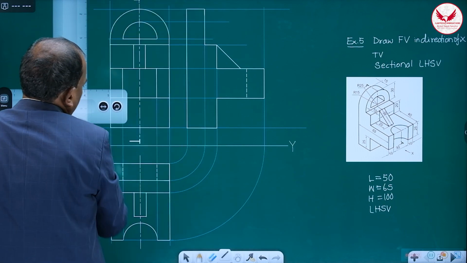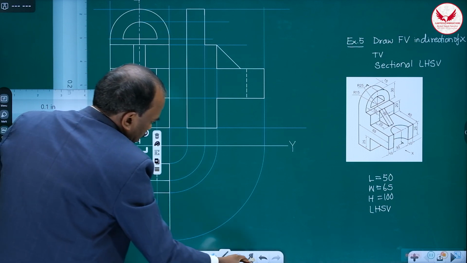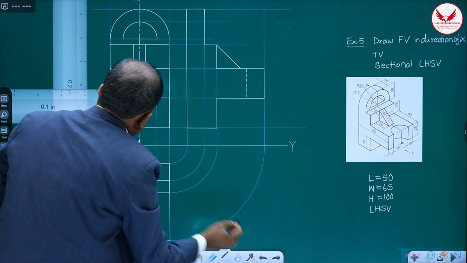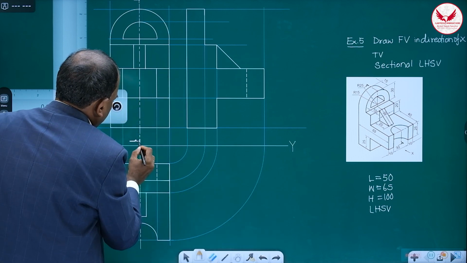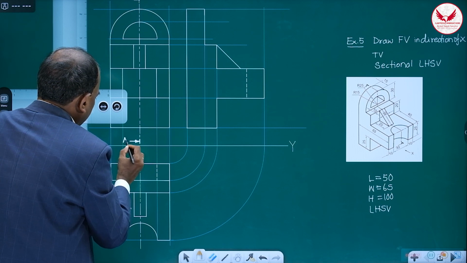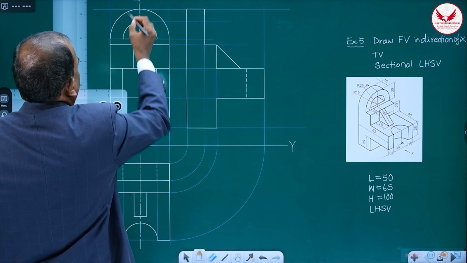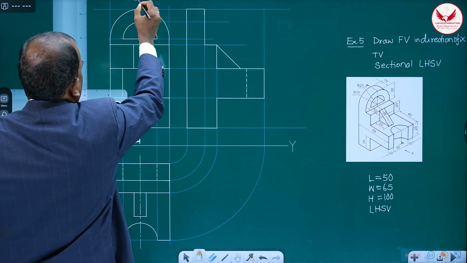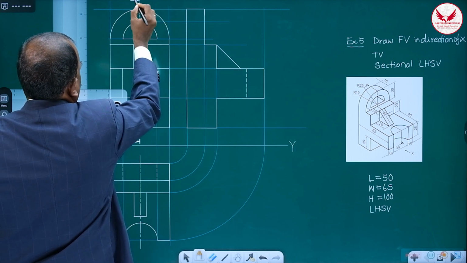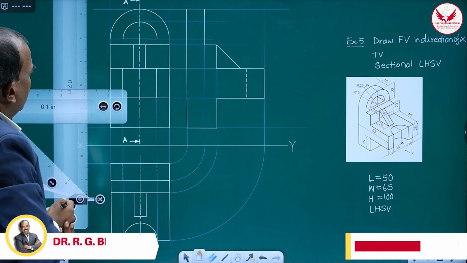And the ends dark, then make this arrow show the section line. This is section A, and here also this is section A. This is the cutting plane line.